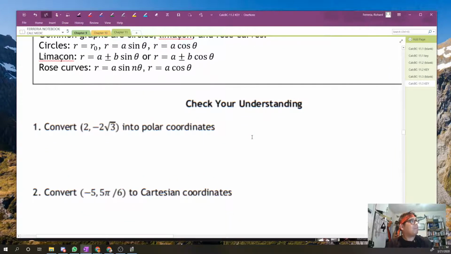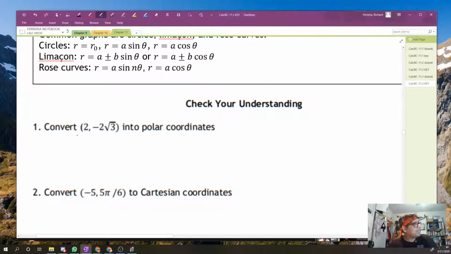So the first one, convert 2, negative 2 root 3 into polar coordinates. Okay, so the first thing I want to look at is in which quadrant this is. This really is a little bit of a review of what we did. I think it was in 11.2. No, 11.1.